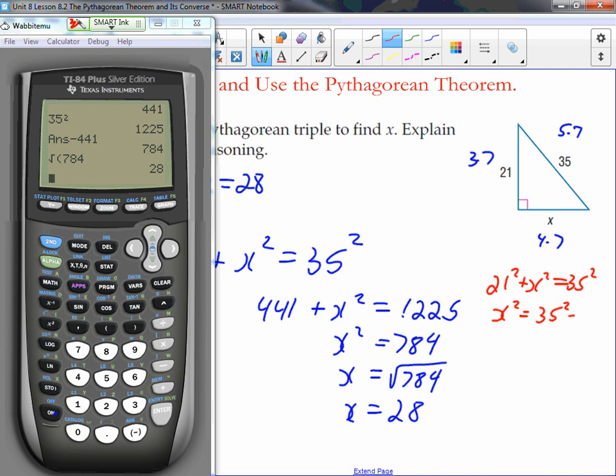Couldn't I just subtract 21 squared from both sides? So on the calculator, and again, see how yours works, I can do 35 squared minus 21 squared and get that 784 in one step. So then I know x squared equals 784. Then I can take the square root of it. Okay?